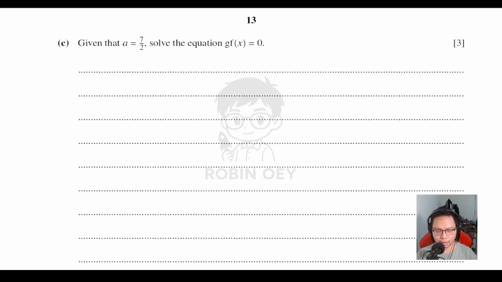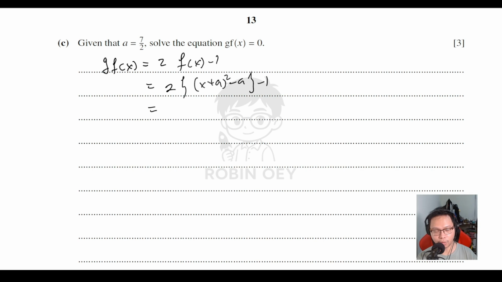Given that a is 7 over 2, solve gf of x equals 8. So gf of x is 2f of x minus 1. So that is 2 times x plus a squared minus a, minus 1.